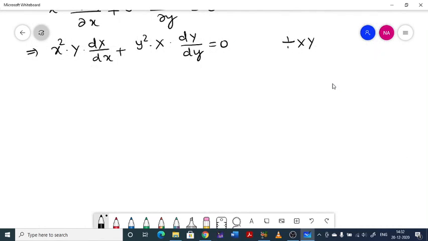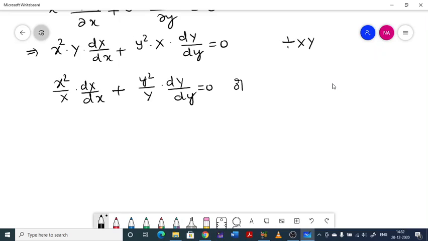So I'll get x square divided by X into dX by dx plus y square divided by Y into dY by dy equal to 0, or x square divided by X into dX by dx equal to minus y square by Y into dY by dy.